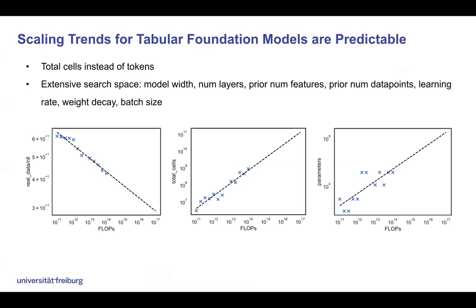Well, in LMs, the normal unit for the data is the token, and in tabular foundation models, it's the number of cells in the table. And the search space looks a bit different. We also have model width and model depth, as well as some training hyperparameters, but we also have, for example, features of the prior, like the number of features in the data we generate, the number of data points, or potentially some other measurement for the complexity of the data.